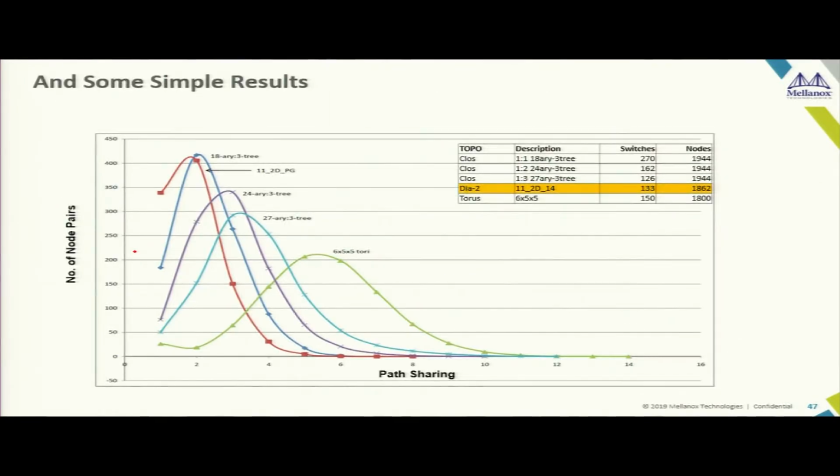Okay? And if you want to actually characterize a network, you can run a simple experiment. Let's say you've got any network. It can be a Clos, it can be a torus, it can be a hypercube, whatever we talked about. Run an experiment wherein if it is a 2000 node cluster, you divide it into random halves of 1000 and 1000.